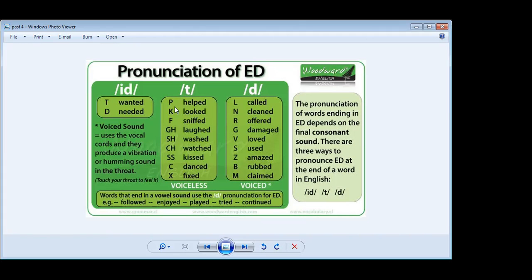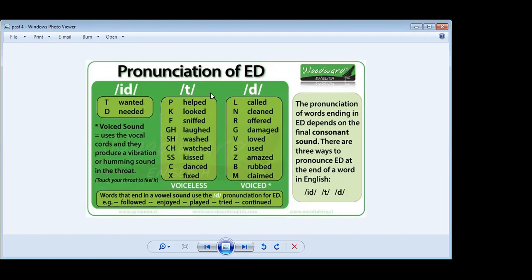Okay, how to pronounce the ed in the regular verb. How do we pronounce this ed in the regular verb? Right, we said we add ed to the regular verb. But how do we pronounce it? We have three pronunciations for the ed: id, t, and d. Okay, id, t, and d.